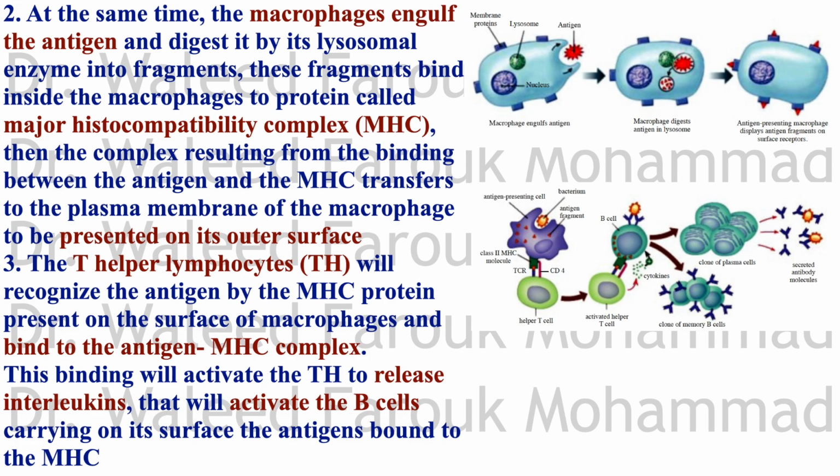Macrophages engulf the antigen and digest it by lysosomal enzymes. When it does so, it turns the pathogen into fragments, and these fragments are presented on the surface of the cell by a protein called major histocompatibility complex.